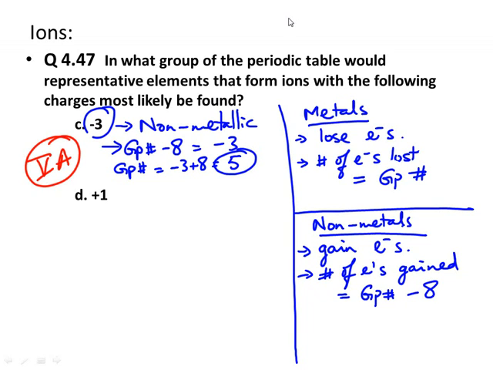Next one, +1 charge. It's a cation, +1. In other words, electrons were lost. Therefore, this must be a metallic element. It cannot be a non-metallic element.